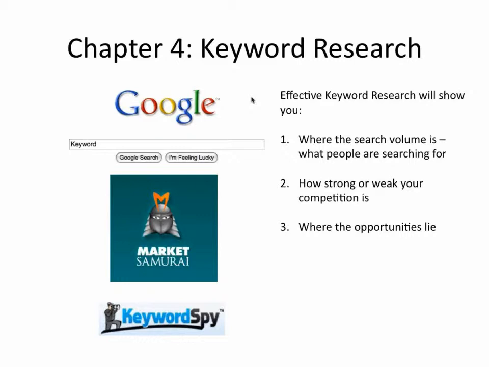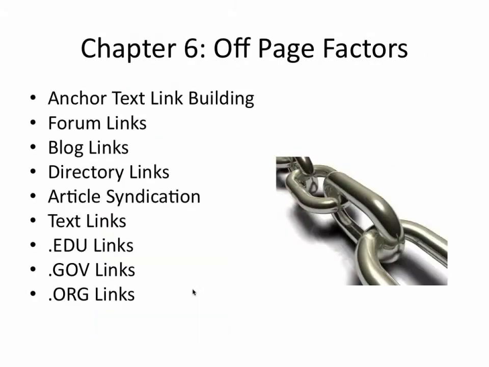For instance, if 3,000 people type in Dallas wedding florist and only 500 people type in Dallas wedding flowers, we know which keyword we want to put more emphasis on, because there's a better chance that we would get an additional 2,000 people to visit my site just for focusing on that one particular keyword. And all of this data is available for free just by using the Google Keyword Research tool.